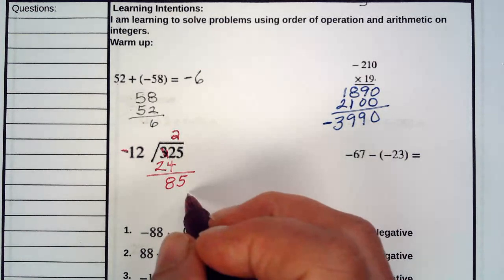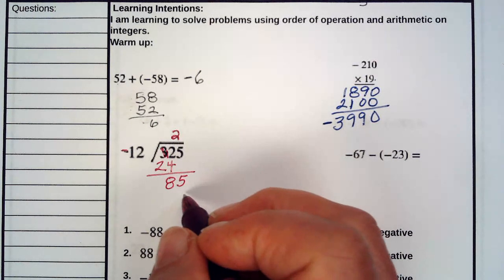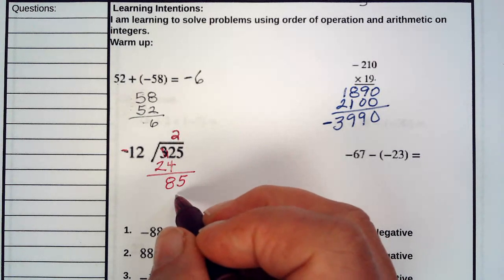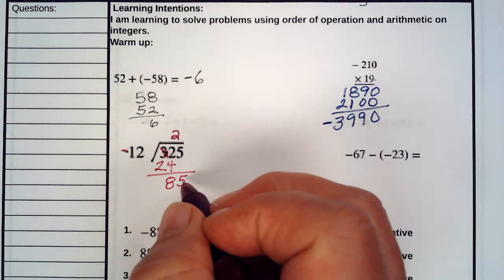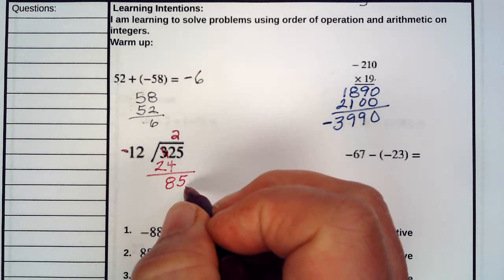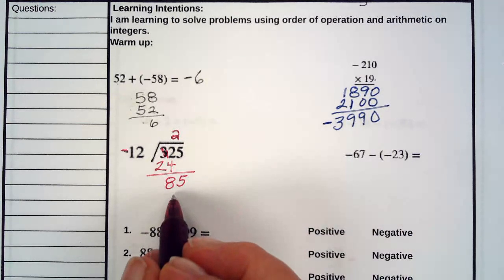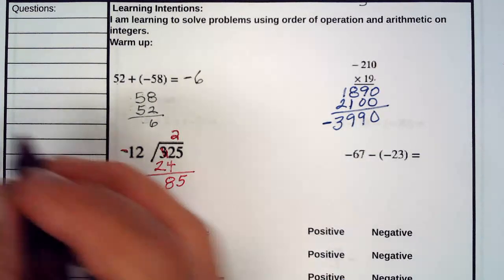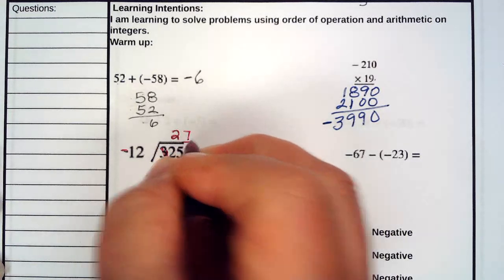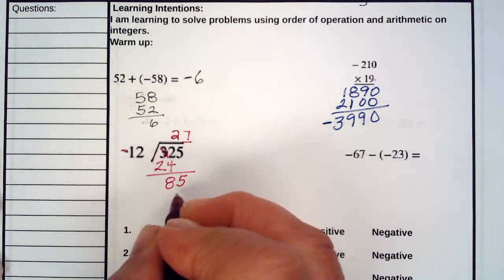Okay, so gotta think, how many times will 12 go into 85? Well, let's see. If it was 5, it would be 60. 6 would be 72. And 7 would be 84. 7 times 2 is 14.